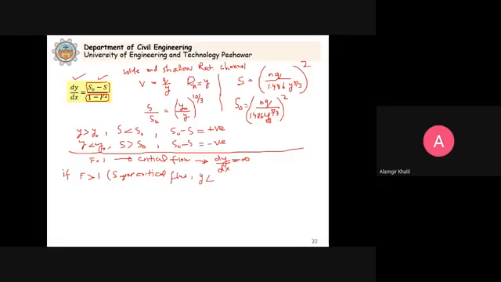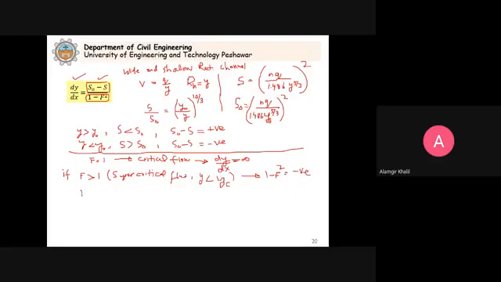This is what we have learned so far. Then in that case, what will happen? This 1 minus F square, because F is greater than 1, will be negative. This is how you will determine the sign.